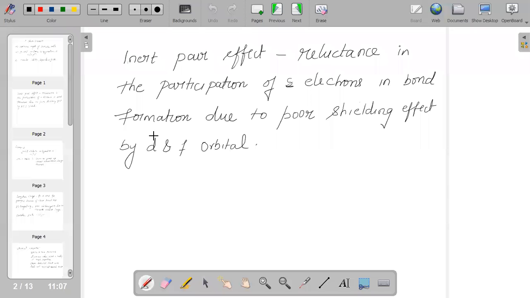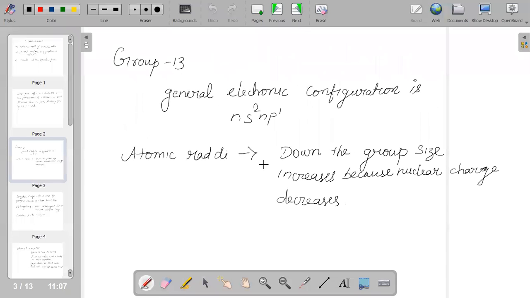So there are certain factors based on which the first member differs from the other elements. Take the atomic radii: how does it differ, or what is the property of the atomic radii compared with the other elements?